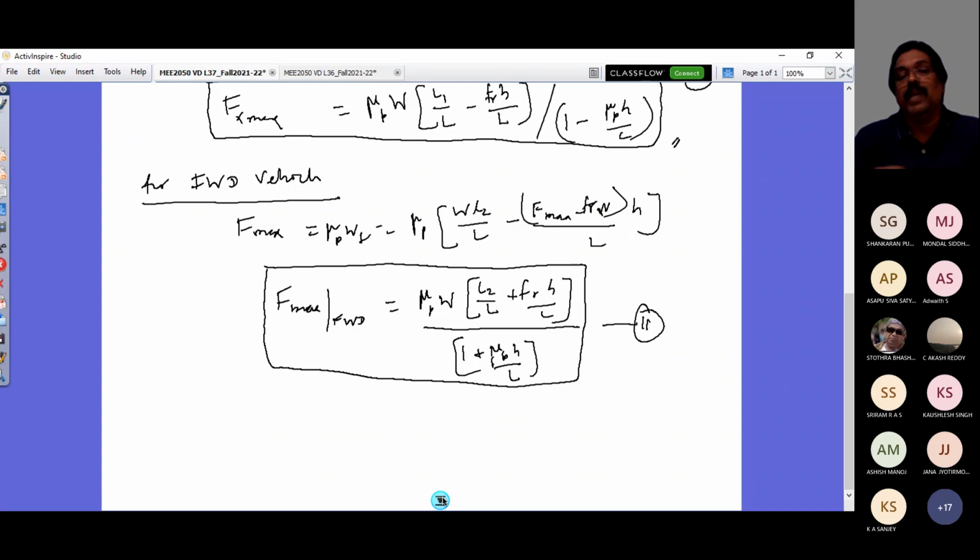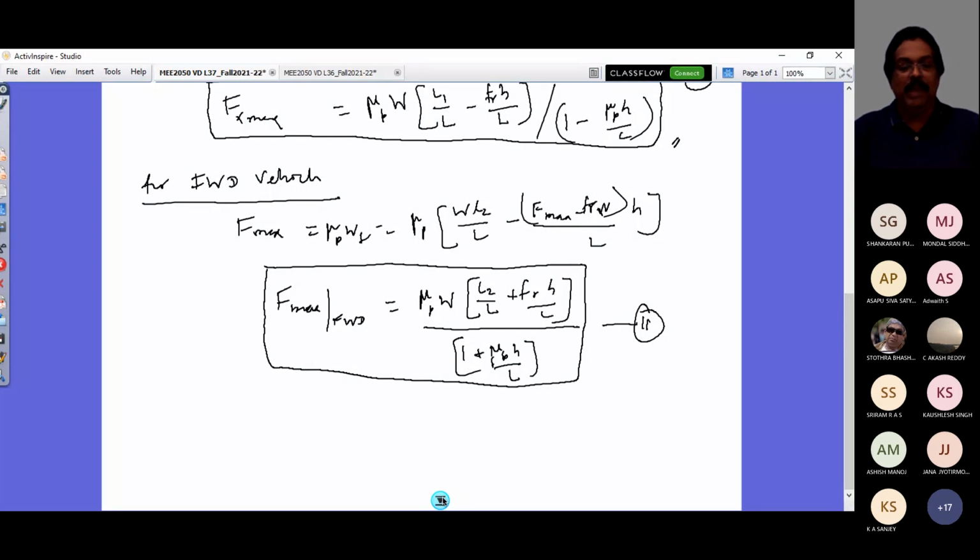If it is a transversely mounted engine, because of the engine rotation there will be a longitudinal load transfer, such kind of load transfer coming from the engine is neglected. That's an important assumption. We do not look at the rotating elements and their impact on this tractive force expression that we have derived, right?